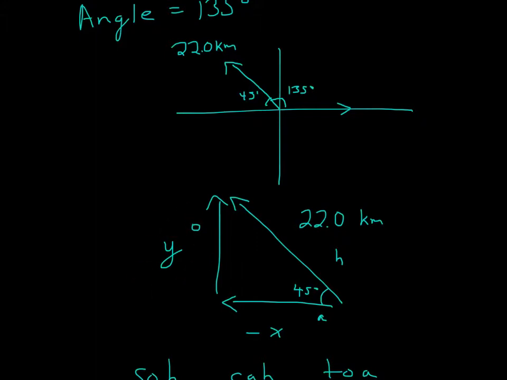Now, this is crucial. For these types of problems, if you're finding the x or y component, you have to see where it is on this graph. Usually on a graph, on this side it's positive, 1, 2, 3.